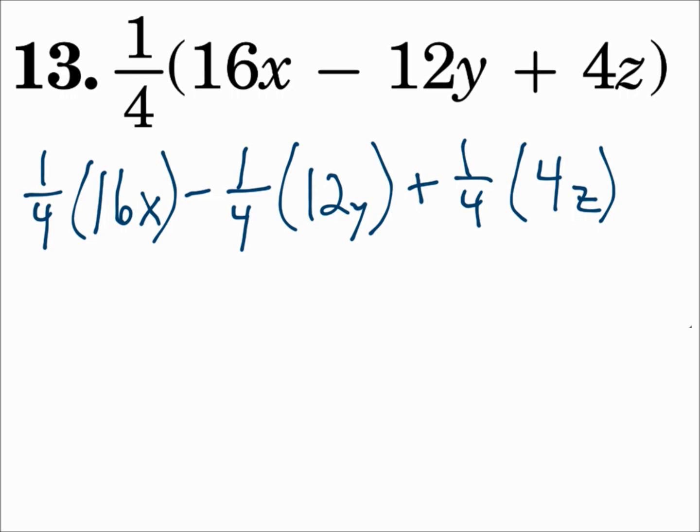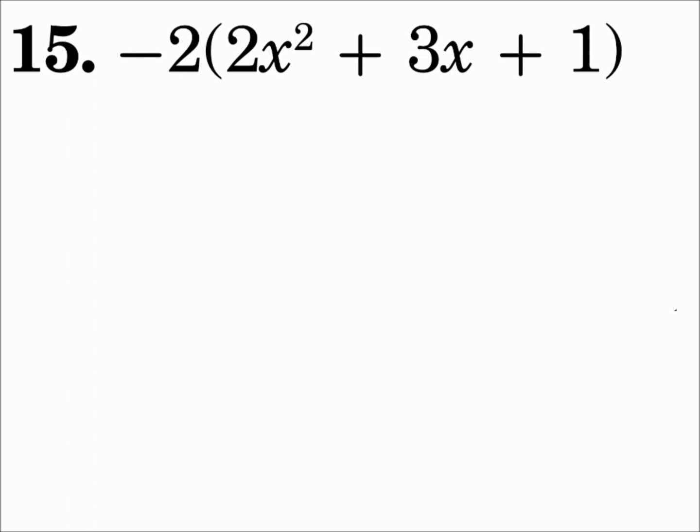Now multiply. 1/4 of 16x is 4x minus 1/4 times 12y is 3y plus 1/4 times 4z is z. Those are unlike terms, so they can't combine. And if you put 1z, make sure you rewrite that, because the better way to say 1z is just z.